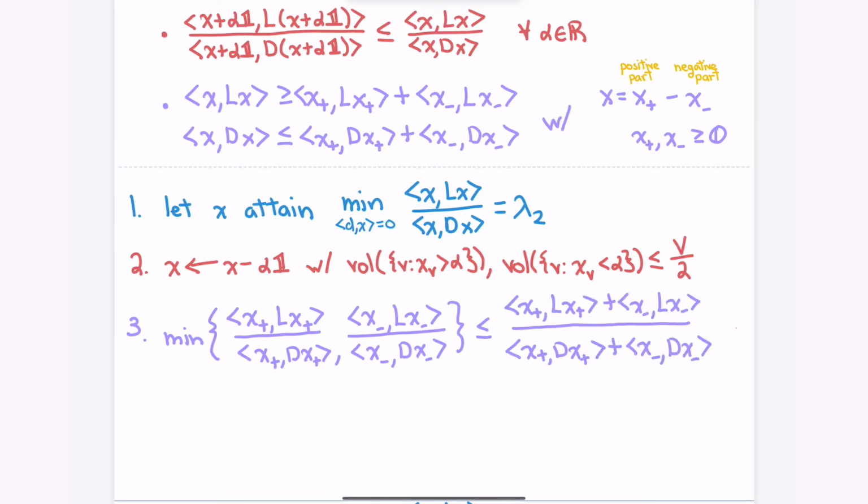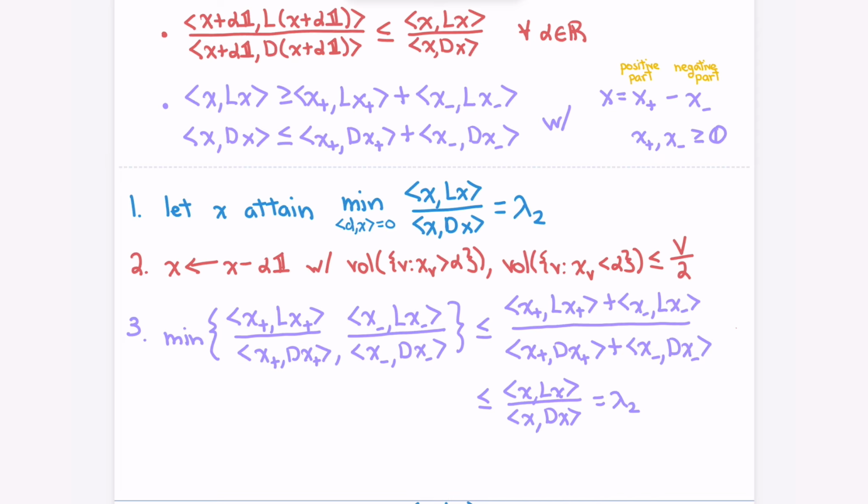That's right, so that's your first inequality. Whenever you have a minimum of two fractions, it's always less than or equal to the fraction you get by summing the numerators and summing the denominators. I think that came up in the sparsest cut notes. And then what do we know about this? Now we have that claim.